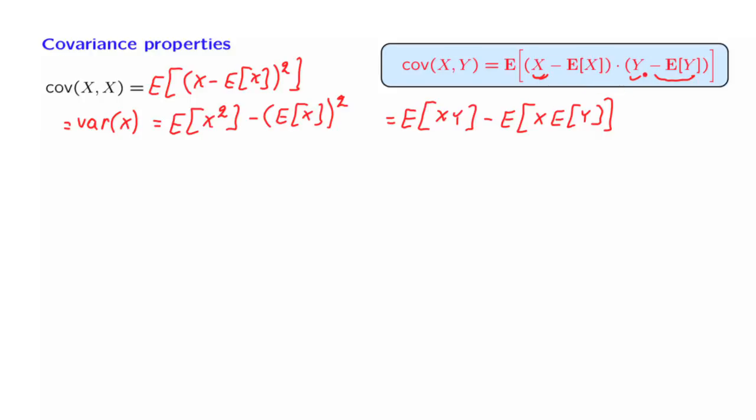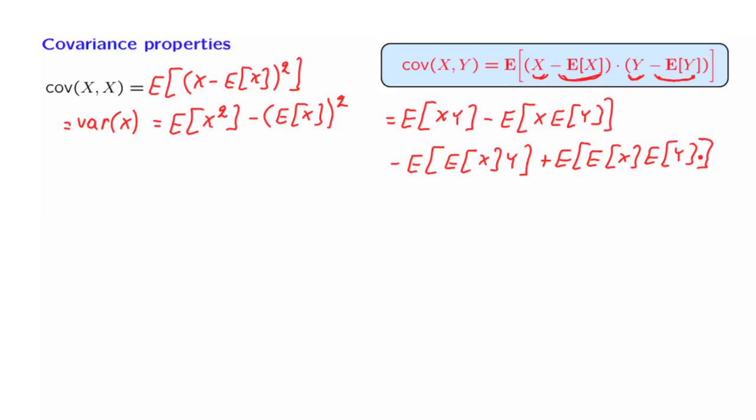The next term is going to be the product of this expected value with y, and that gives us minus the expected value of x times y. And finally, the last term comes by multiplying this quantity with that quantity. And this is what we have by applying linearity to the definition of the covariance.